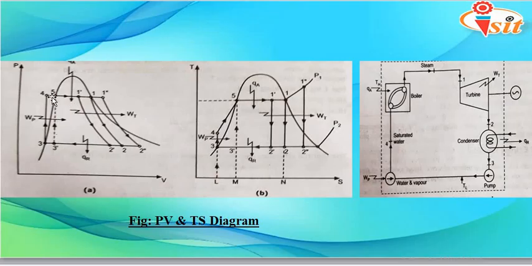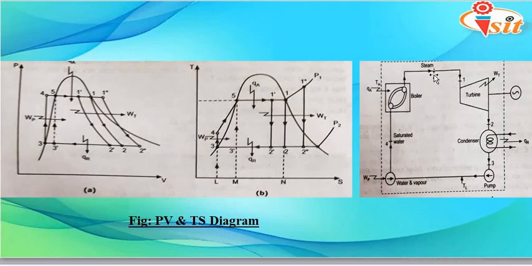Here you can see first we have the cycle diagram, which is the previous one we just discussed, and these two diagrams: the first is the PV diagram and the second is the TS diagram. Whatever changes take place when the steam or water is flowing through the different components in this power plant, we are going to represent in the PV as well as the TS diagram. So now let's start with the first process.